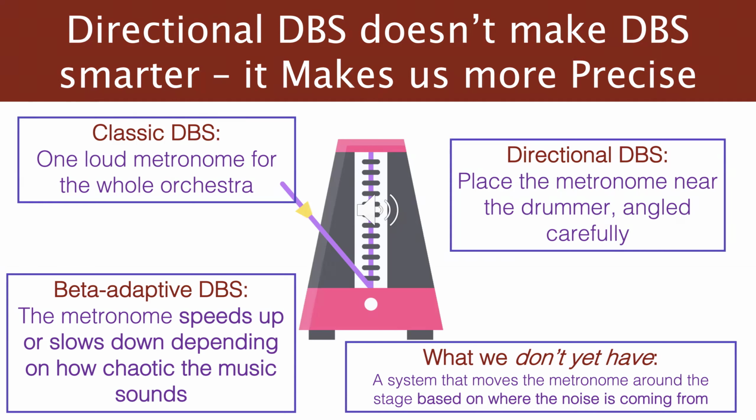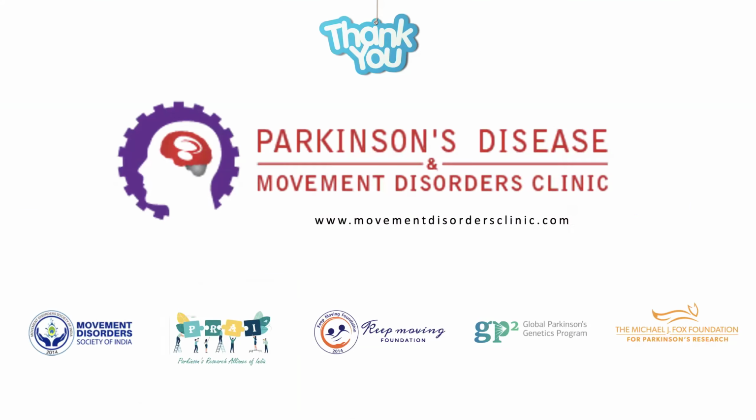In classical DBS, it works as one loud metronome for the whole orchestra. For directional, it's like placing it at one certain segment to work better. And what we don't have yet is a system that moves the metronome around the stage based upon where the noise is coming from. We can be reaching there. This is what you need to understand: the role of directional DBS.